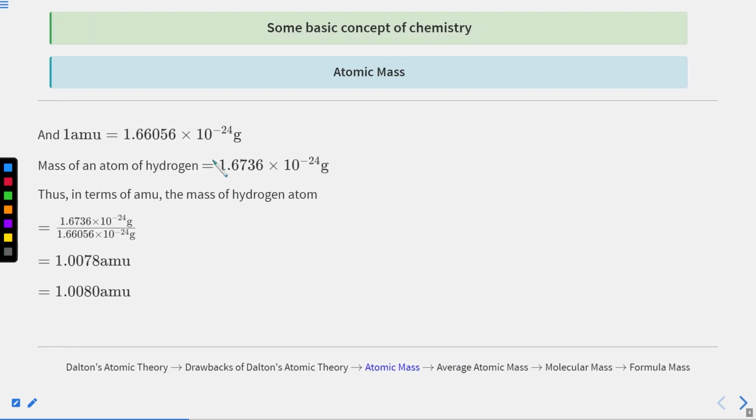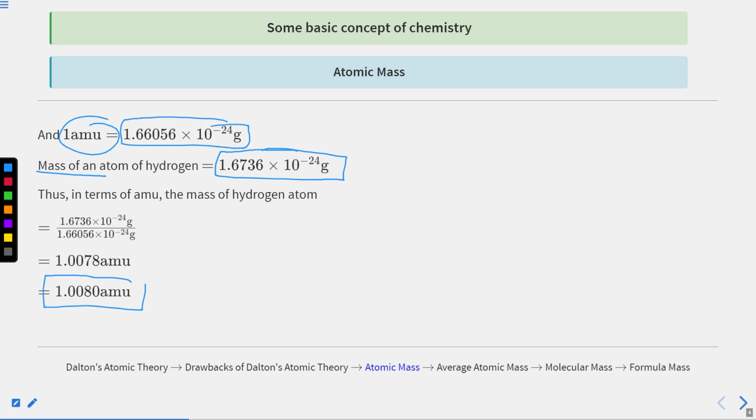As I said earlier, first hydrogen was taken. It was seen that the mass of one hydrogen atom was this much, and one amu is this much. If we divide the two, we get the relative mass.